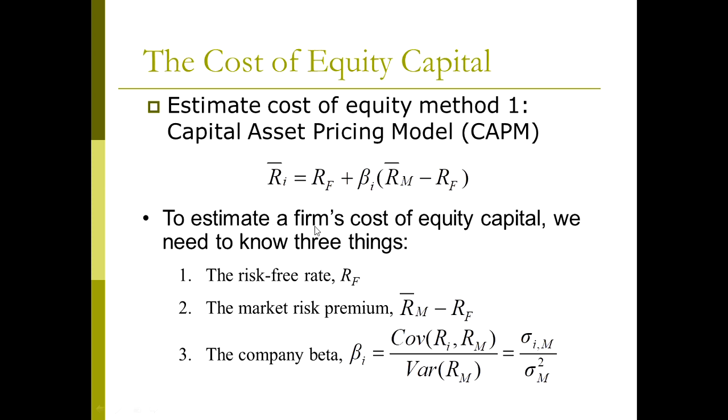So to estimate the cost of equity capital, all we need to gather is the information about T-bill rates, the risk-free rate, the company's beta, the S&P 500, and the market risk premium. Most of the time the beta is given, but if you want to calculate your own beta, this is the formula.